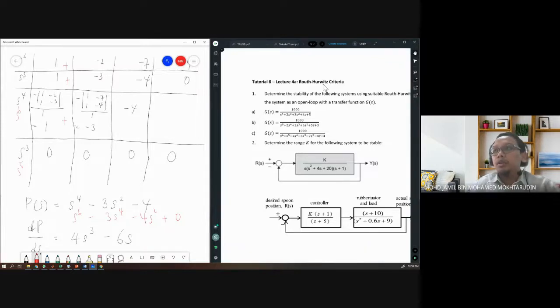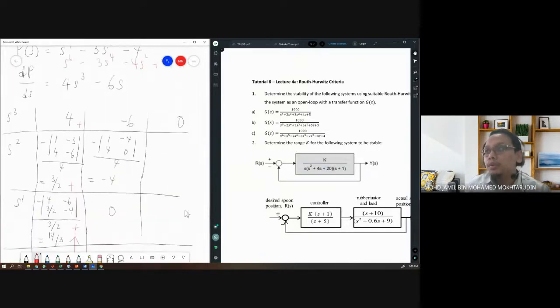And maybe while using the Hurwitz criteria, I didn't explain from the beginning, like start with S6, why start with S6, and then how to get the determinant and so on. Okay, because it will become a method that you need to understand already, or fully understand already. Okay, so I hope you guys can understand this from now, so that we can use it later in subsequent lectures. Okay, so that's it for today's lecture.